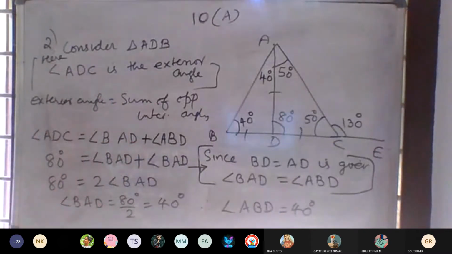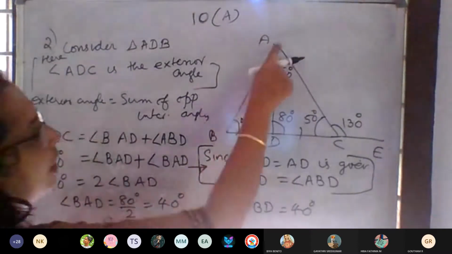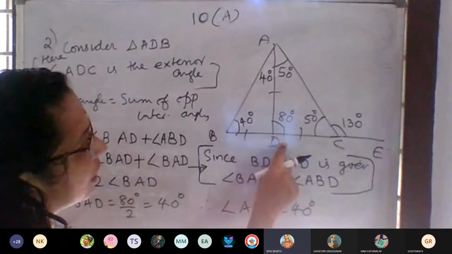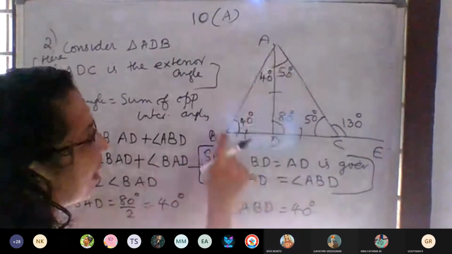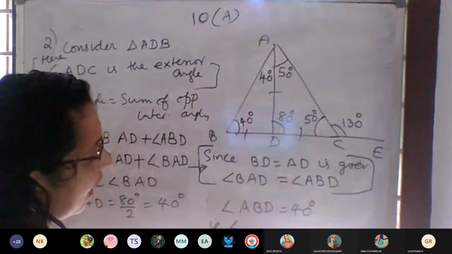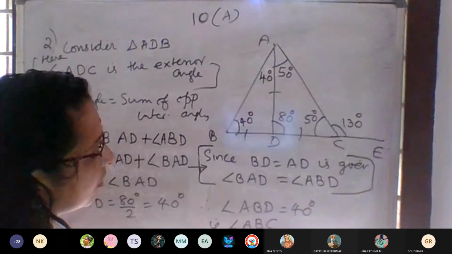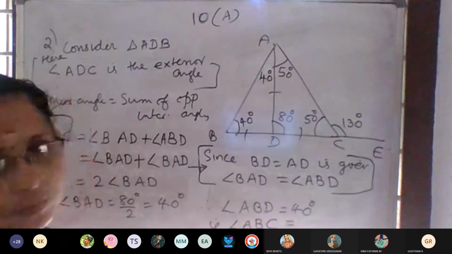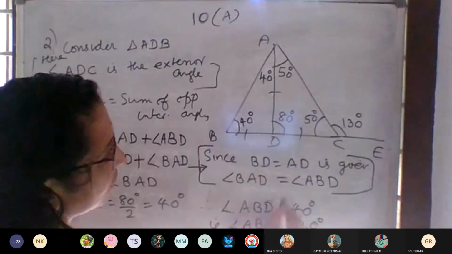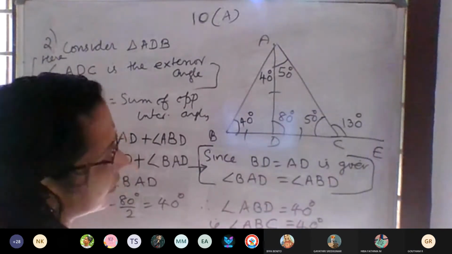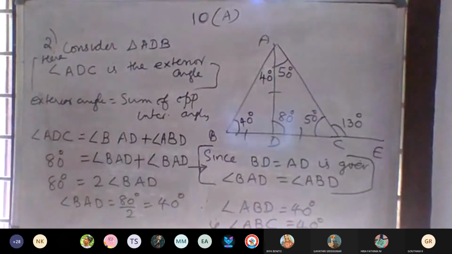ABD is equal to 40 degrees, and we have to find what our question asks. Instead of ABD, it is extending, so the same angle only: angle ABC is equal to 40 degrees. Instead of D we are writing C. That you have to underline. Angle ABC is equal to 40 degrees.